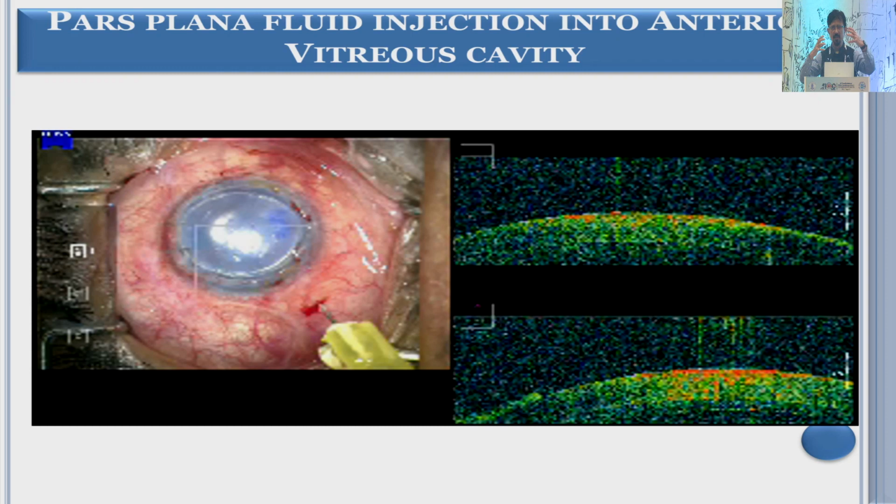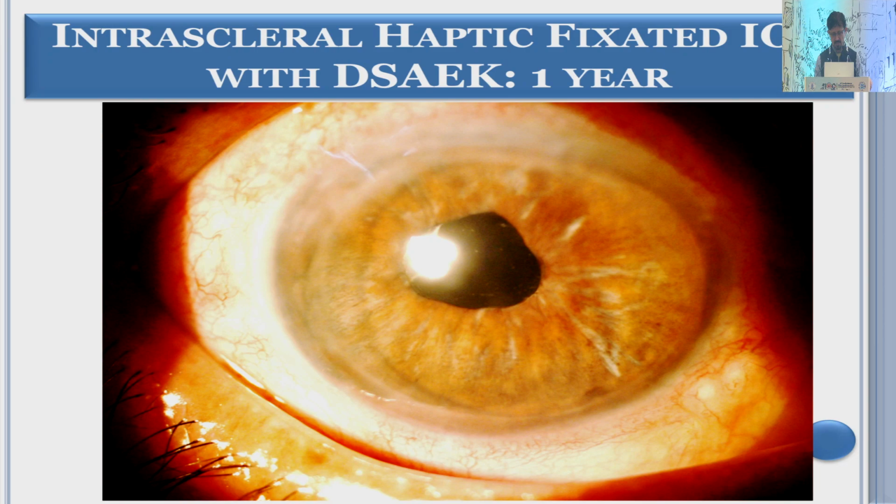And once the globe becomes firm, you see that the air comes up anteriorly nicely and causes a nice tamponade and maintains that tamponade. In all the 13 eyes which we have sent for publication, the eye did not require a rebubbling. These are high-risk cases wherein rebubbling may be required in a large majority of cases. So this is the post-op picture of one of the cases.